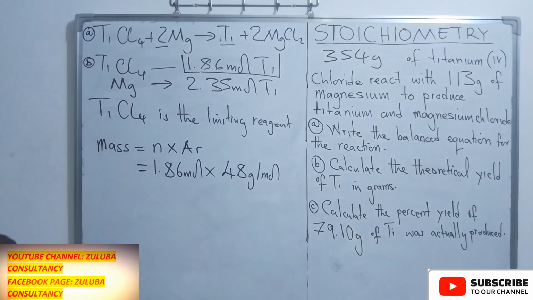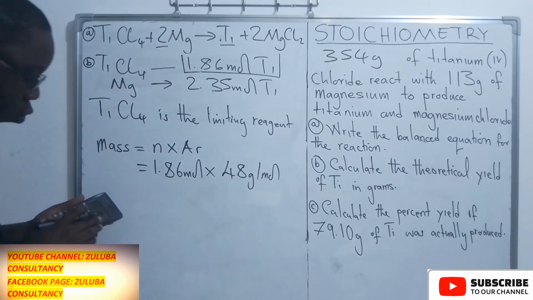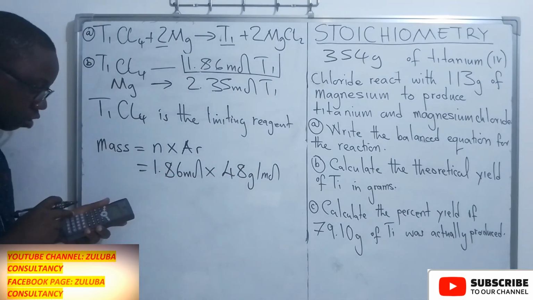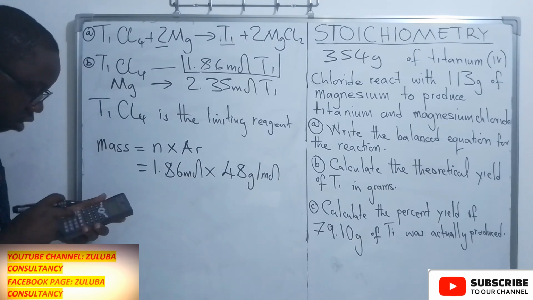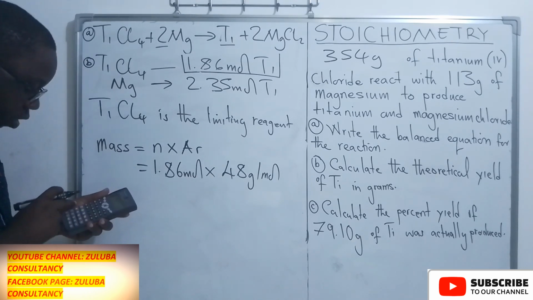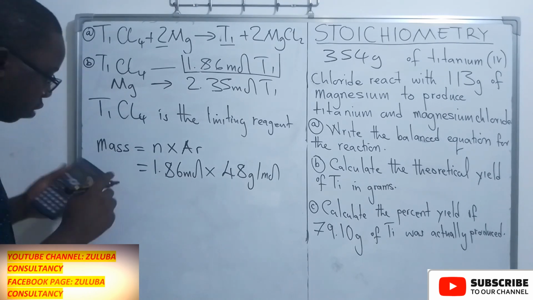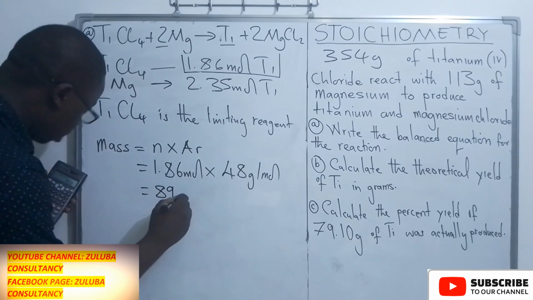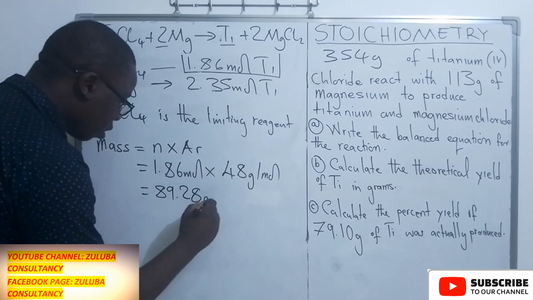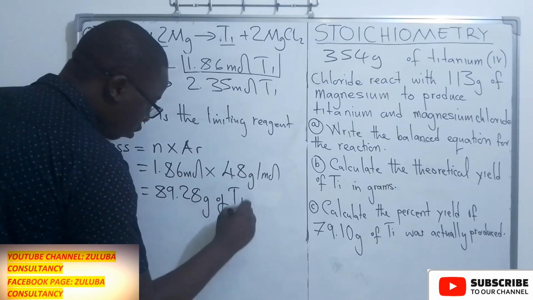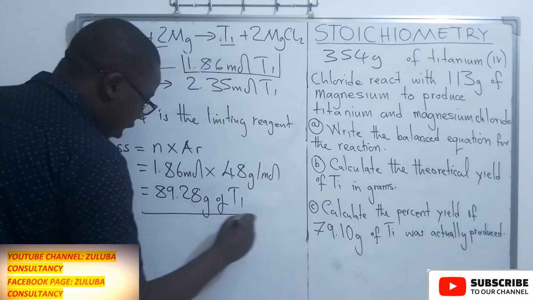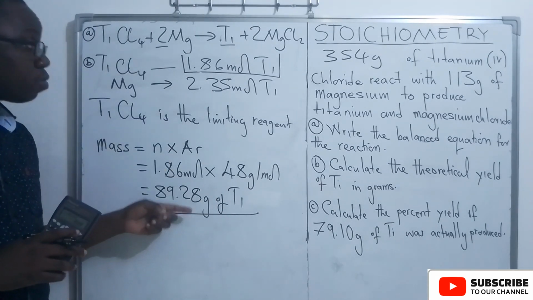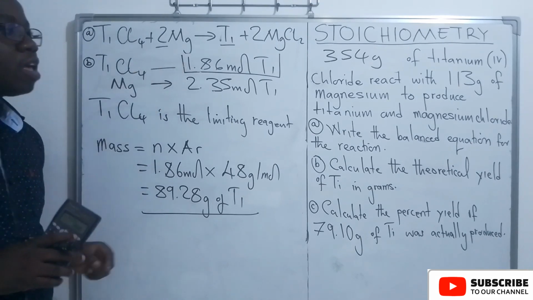So we simply multiply them: 1.86 multiplied by 48 gives 89.28 grams of titanium. These are the grams that can be produced, and we found them by identifying the limiting reagent.